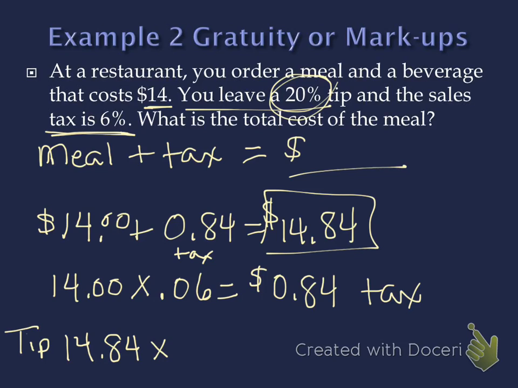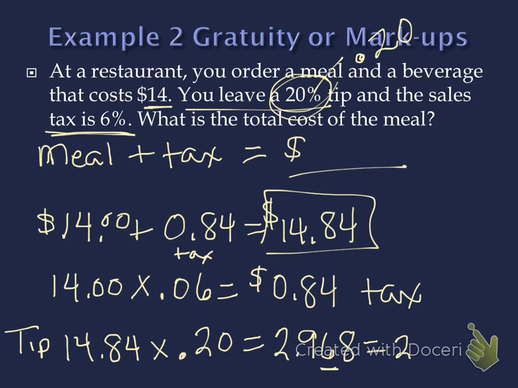So remember, change that to a decimal, which is 0.2 or 0.20, and we multiply the cost of the meal, which is $14.84, times 20%, and we get 2.968, or if we remember, we're talking dollars and cents, so we're going to round that up to $2.97 for the tip.